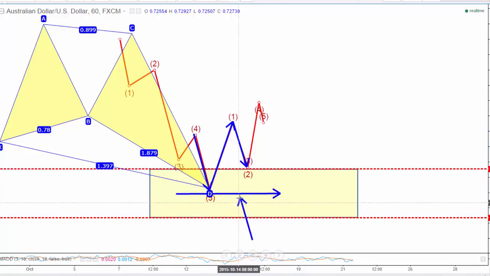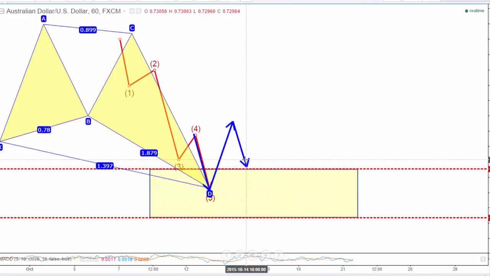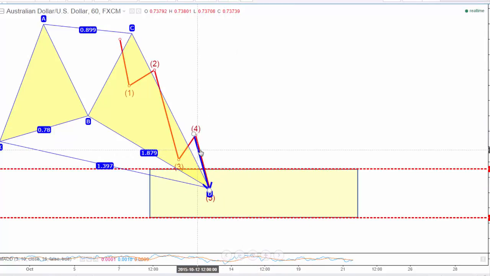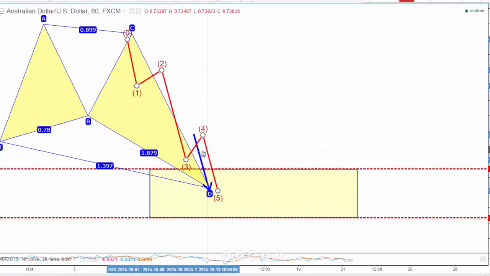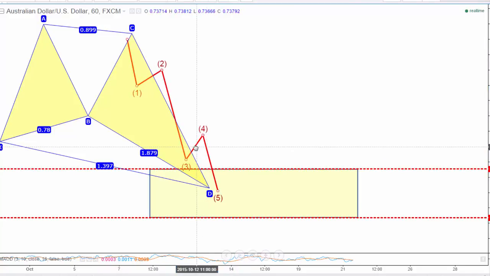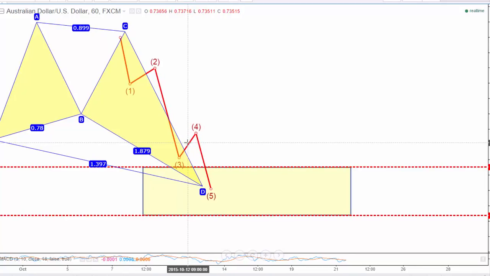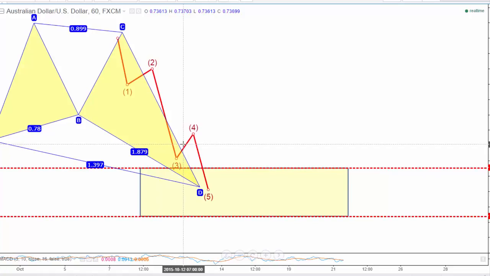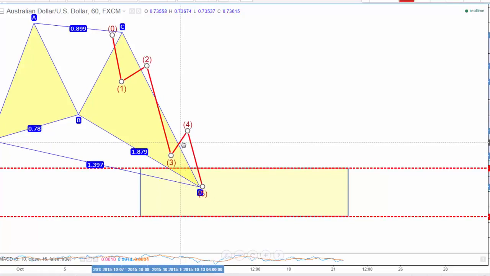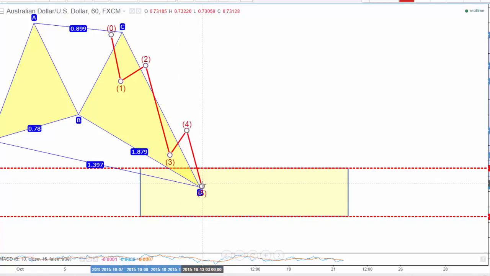Let's just get rid of all this other stuff here. What if you have a situation where even on your harmonic scanner, what if this flushes down like that?